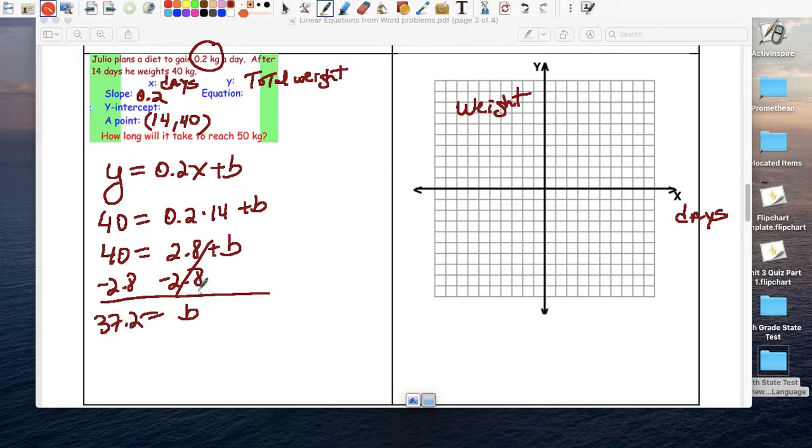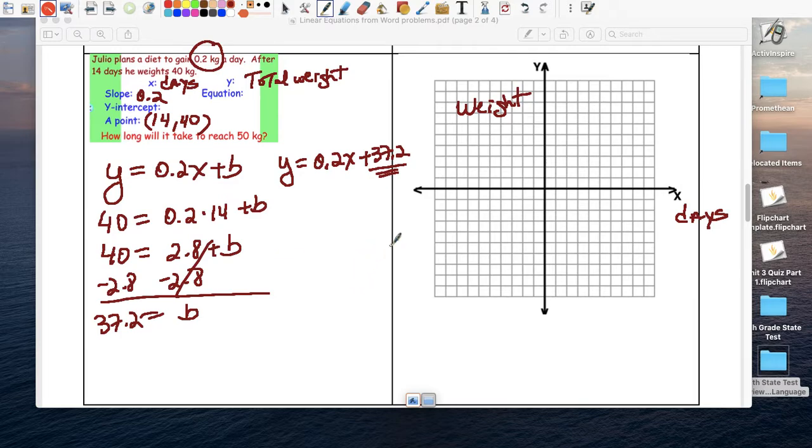So we get y equals 0.2x plus 37.2. At the beginning of his experiment, he was 37.2 kilograms, and he wanted to gain weight, hopefully muscle weight, and at 14 days, he ends up at 40 kilograms.